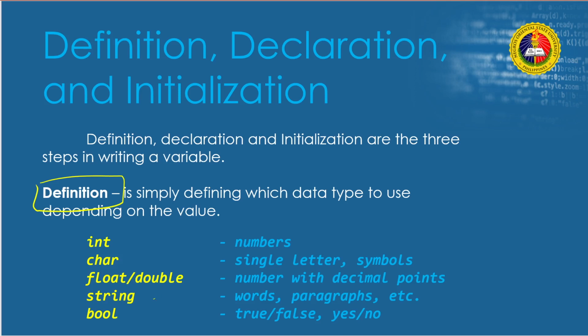Another example, let's say you want to compute the average daily allowance of the students. What would be the data type? Double, float, or int could work. Okay, but the best one, not just what is possible.